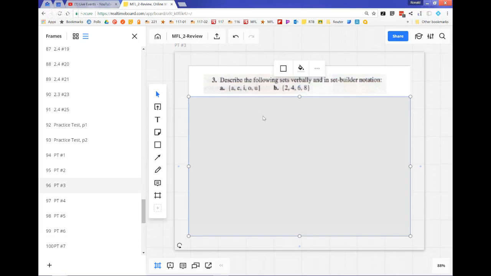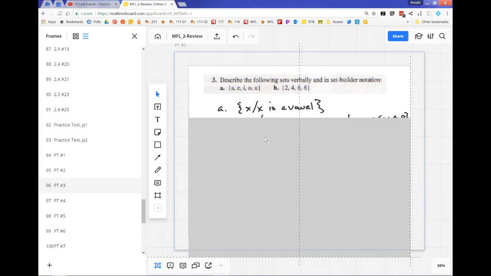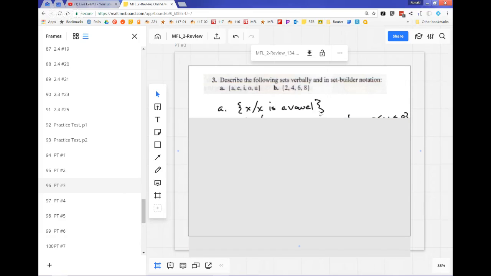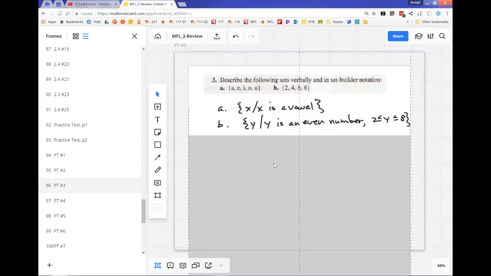Here's how I wrote it: all X such that X is a vowel. I just literally put X and then is a vowel. Is that okay? That would be okay, this is a little bit better. And for B, I put X is a counting even number by 10.